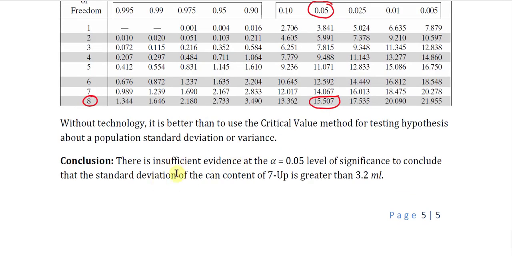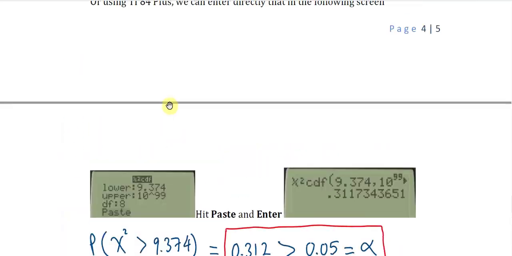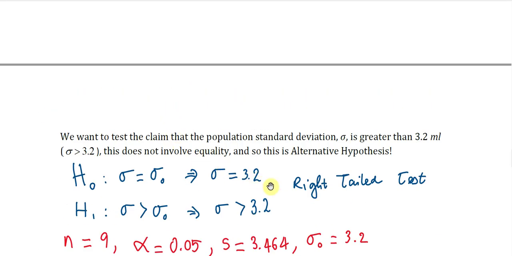That means there is insufficient evidence at this level of alpha to conclude that the standard deviation of the can containing 7 Up is greater than 3.2 milliliters. Because we do not reject this one here, we do not have enough evidence to test the claim that it should be bigger than 3.2.